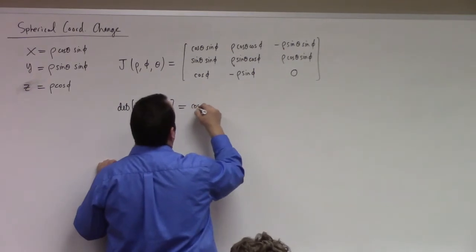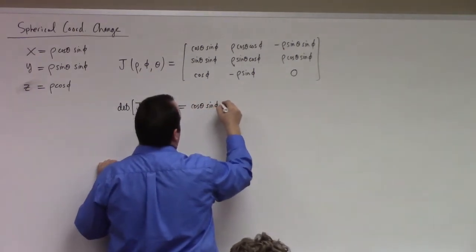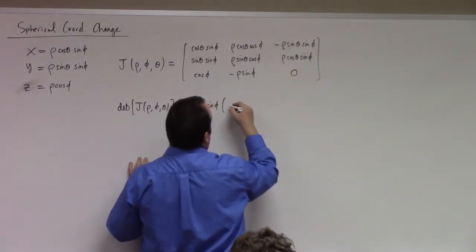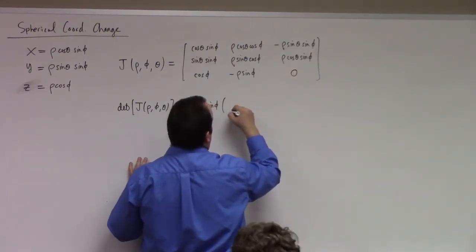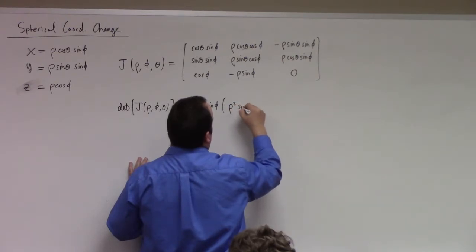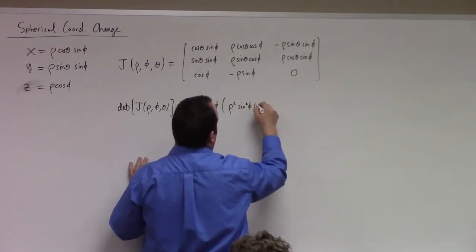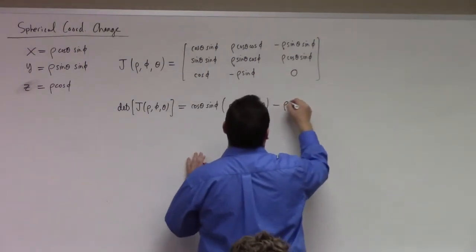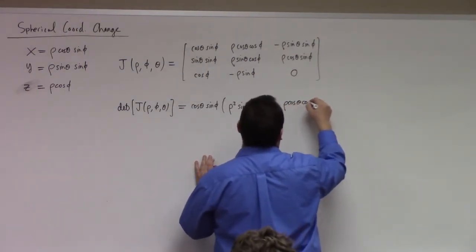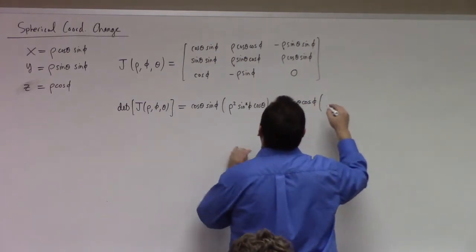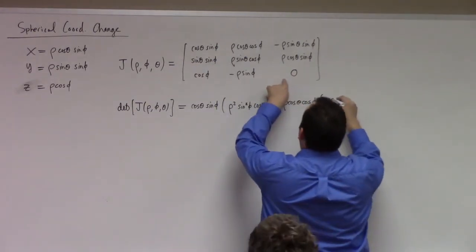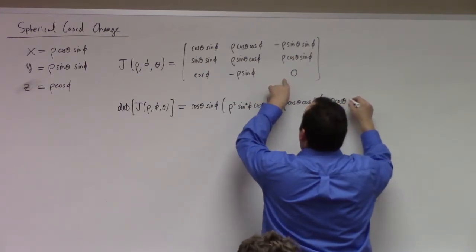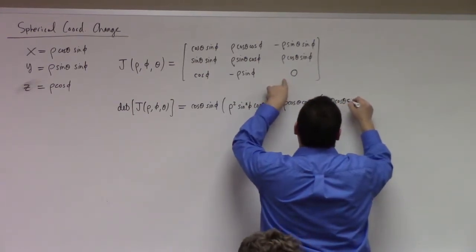So cosine theta sine phi, and then looks like a rho squared sine squared phi cosine theta minus rho cosine theta cosine phi minus rho cosine theta cosine phi sine phi.